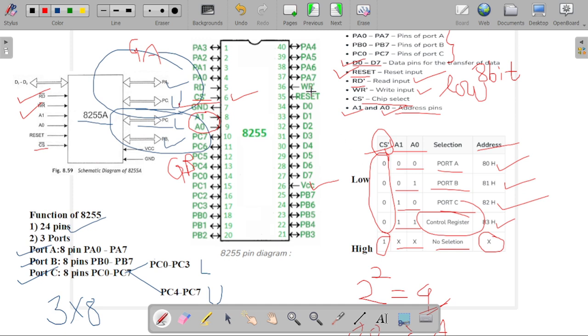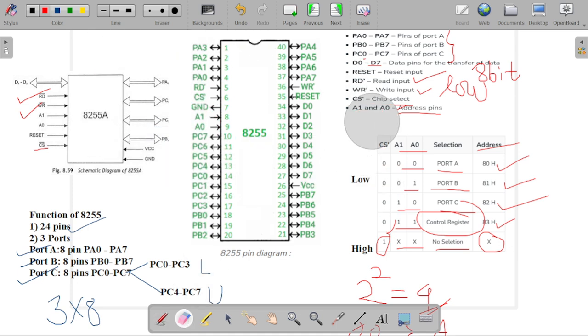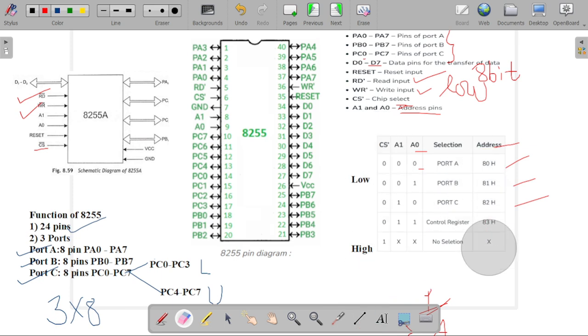Then port A consists of a total of 8 pins. Here we write PA0 to PA3, then PA4 to PA7. So port A will be completed.